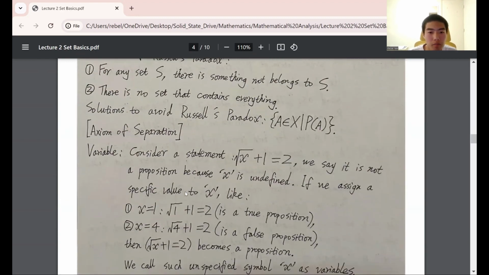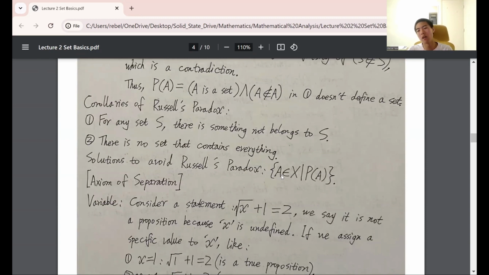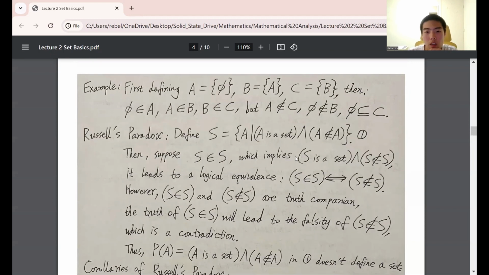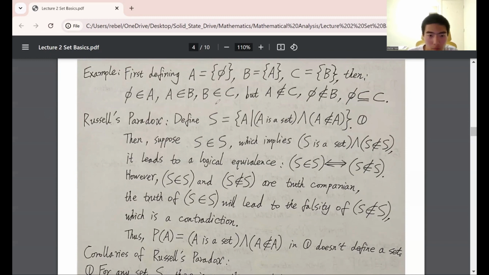So if we can define some original set that A belongs to, then if we follow the same property P, it must be defined. For example, say A belongs to some set X. Then there must be two situations: S is in X or S is not in X. If S is not in X, then S is not in the domain of consideration.